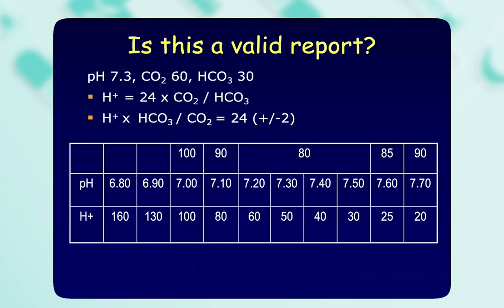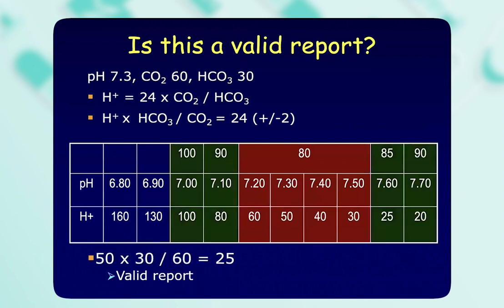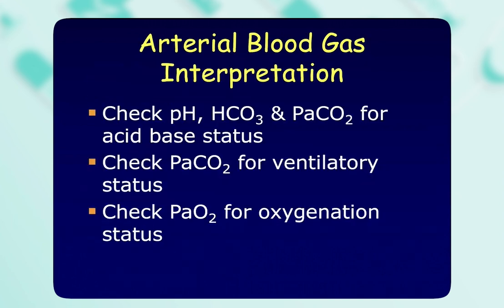I'll skip this slide for the time being. If any ABG report is given, they are not going to ask you whether it is valid or not. But in clinical situations, if you doubt the blood gas report based on the clinical condition, you can do those calculations. I think it is too much for the time being, so we'll go on to the basic interpretation of blood gas.